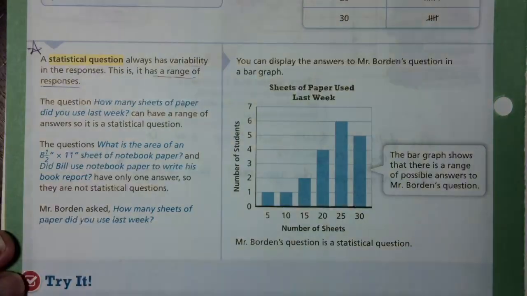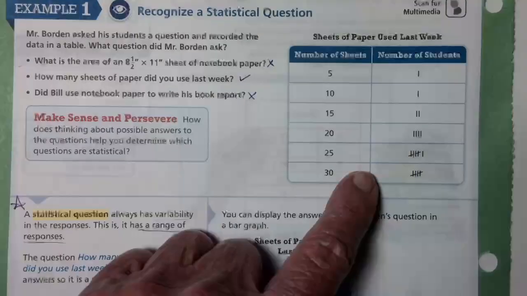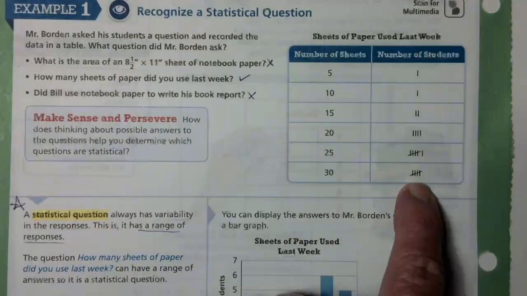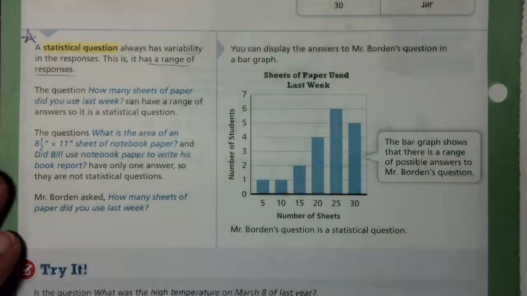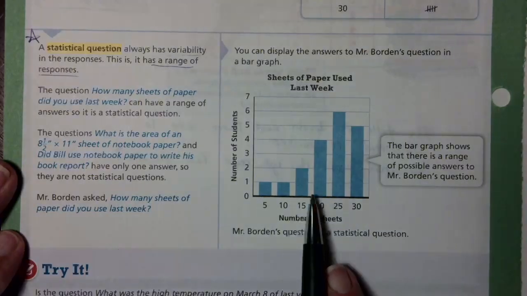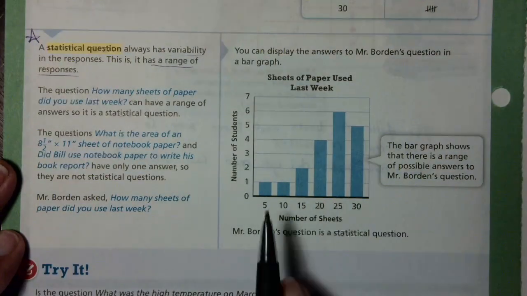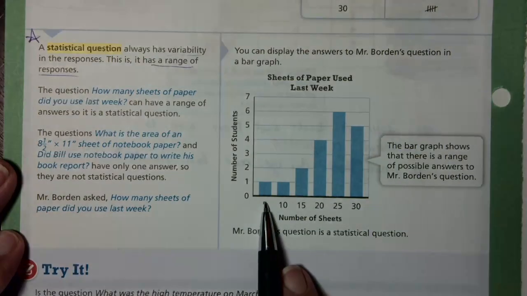Okay? You can also display the answers to Mr. Borden's question in a bar graph. So this is a tally chart. These are tally marks. And this is a bar graph. A bar graph has spaces between the bars, and the bar is centered above the number that goes with it. So see this 5?